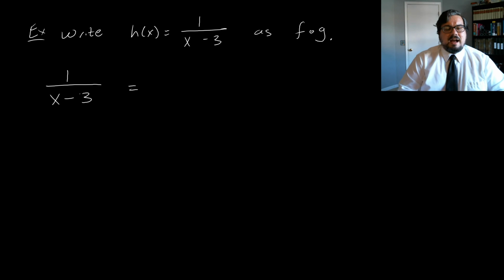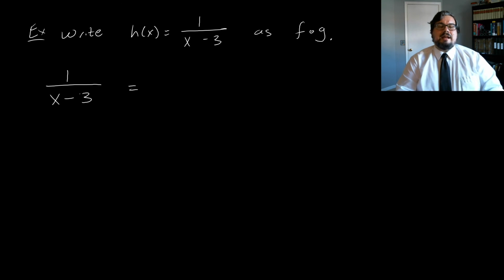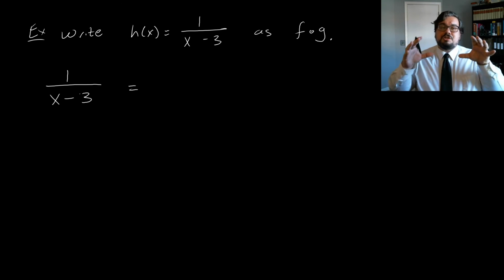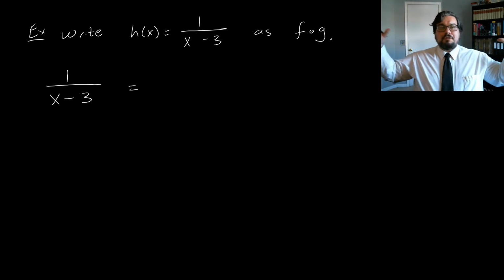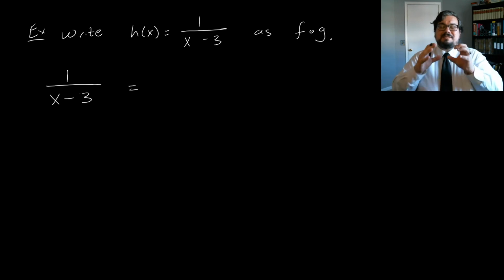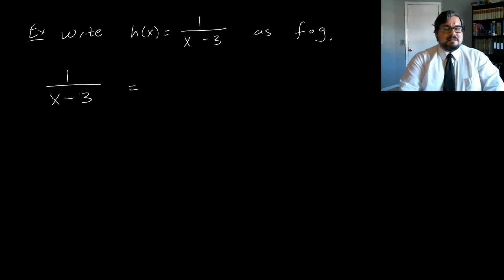So the way that I would look at this expression and try to split it up is I'd look for some expression that's not the whole thing, but sort of sits inside the function. And in this case, what I might choose is this x minus 3.